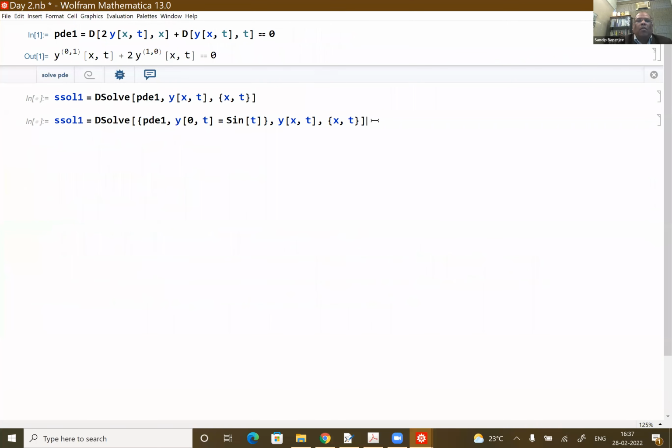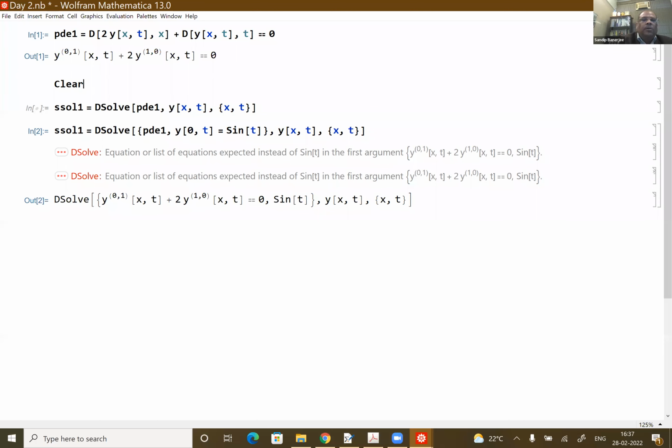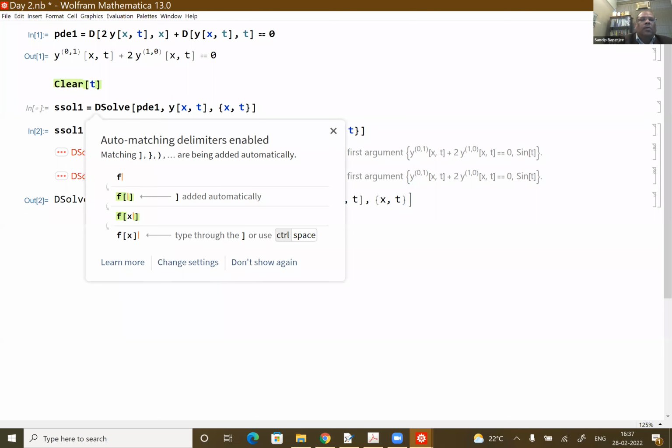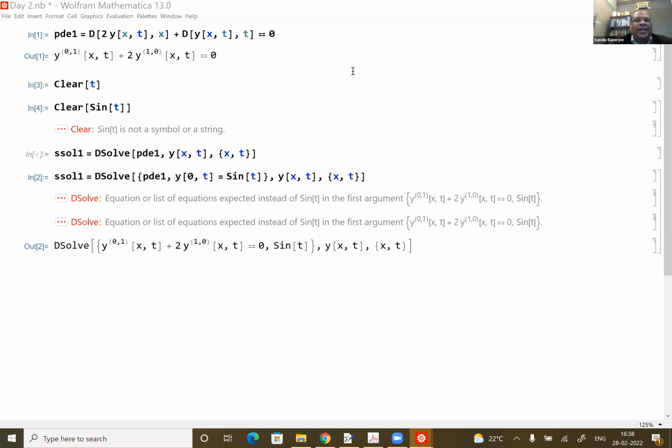Clearing the kernel. Double. Okay. Yeah, correct.